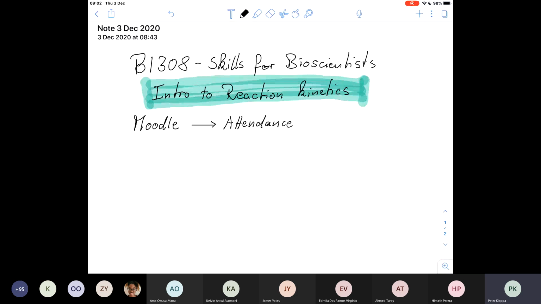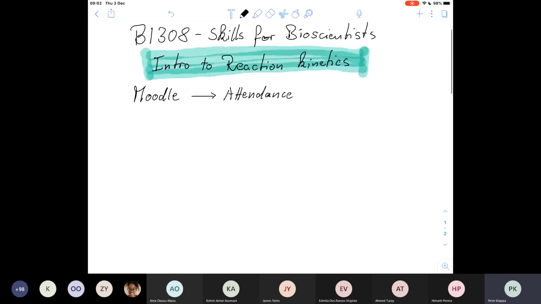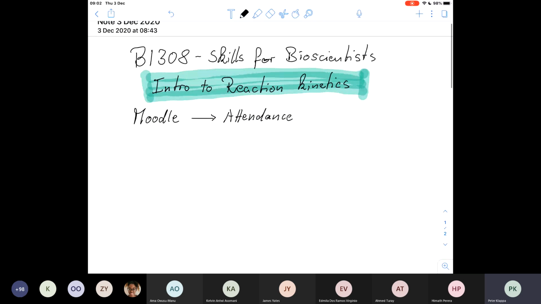Okay, so at least that should work. And I hope it's not frozen, so you see it moving, I guess. So at least that seems to be all right.